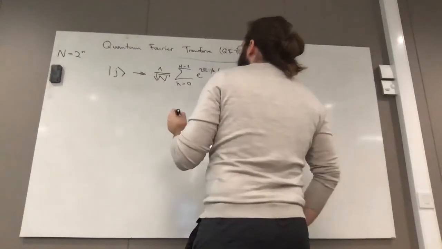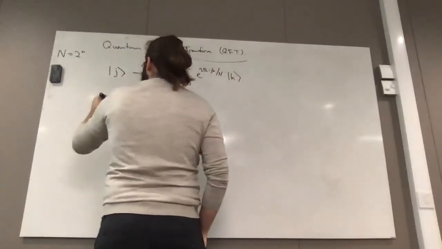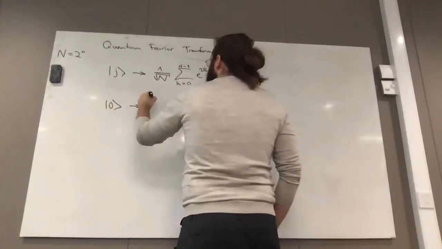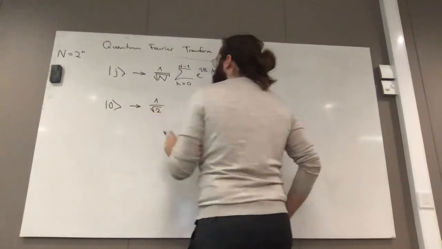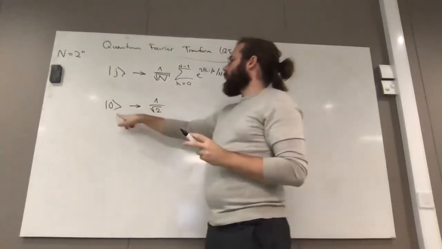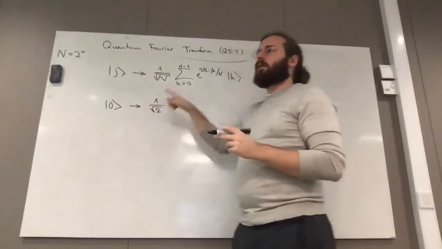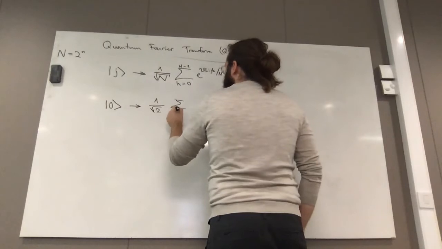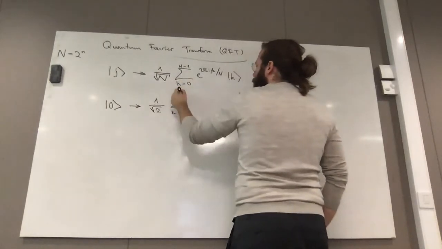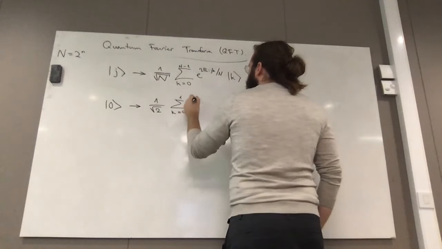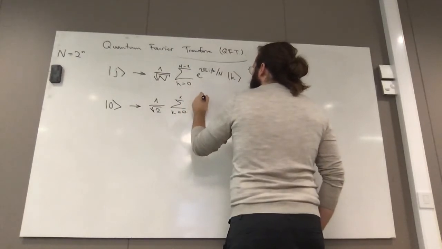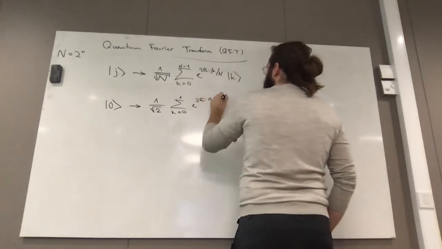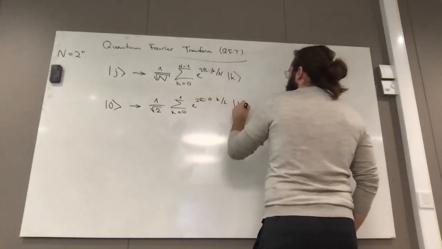To start off easy, I'd like to Fourier transform the 0 state, just to see what we get. So this is then 1 over square root of 2, because there is only one qubit, so 2 to the power 1 is 2. And then the sum from k equals 0 to 2 minus 1, that's 1, of e to the power 2 pi i, j is 0, times k over 2, k.